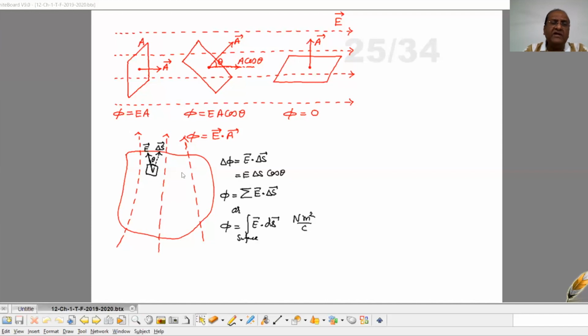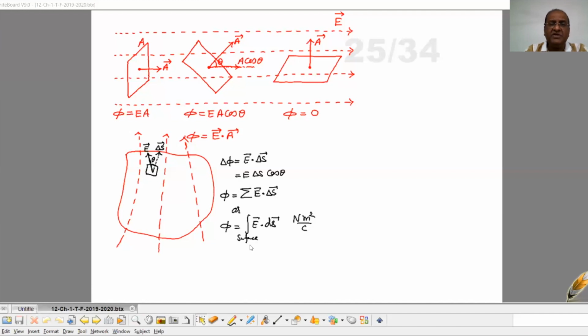Now, if you want to calculate the total flux passing through this, then very simple, we have to take the algebraic summation of all these. And when we take the limit delta S tends to 0, meaning infinitesimally small surface elements, in that case we can represent the equation of total flux phi by integration also.